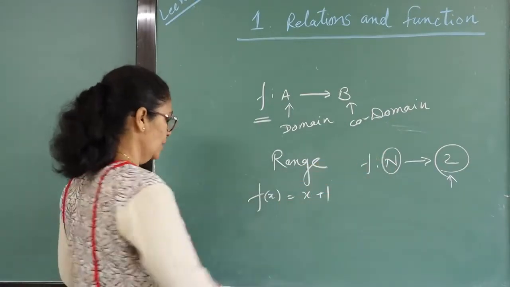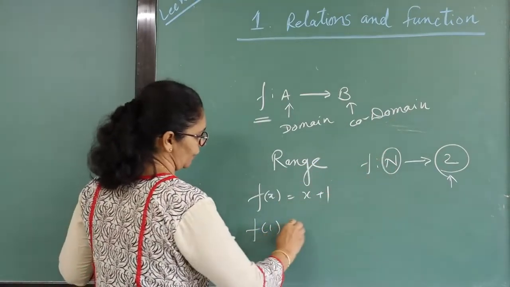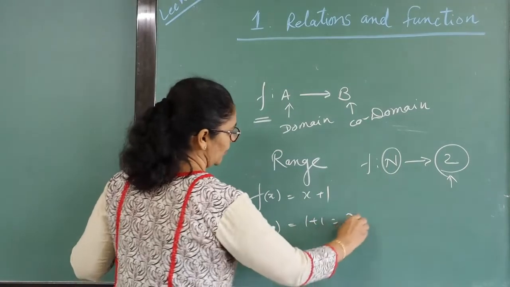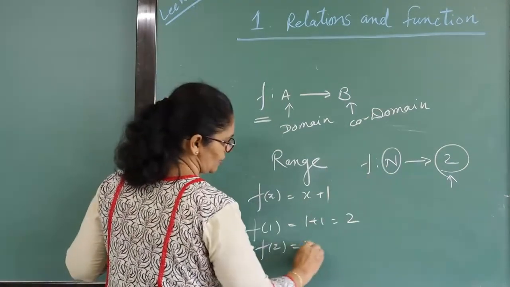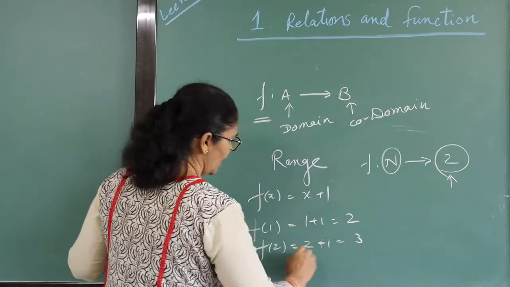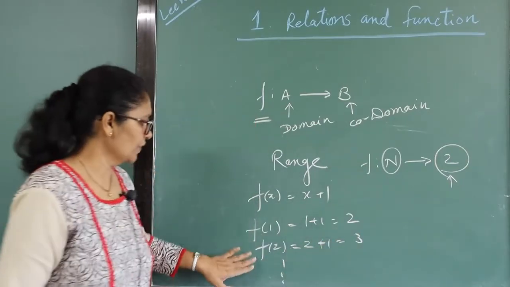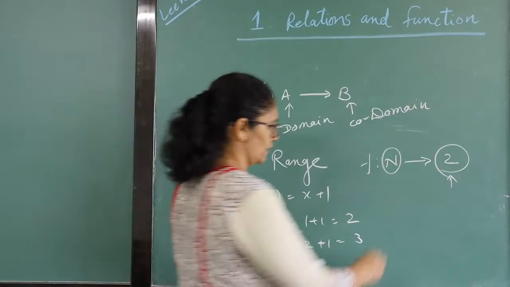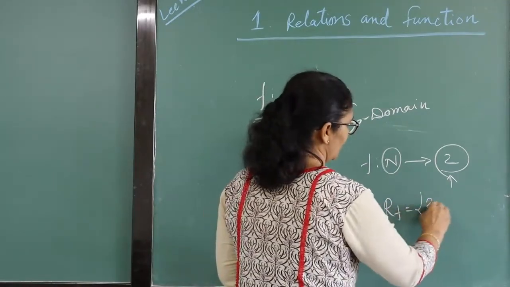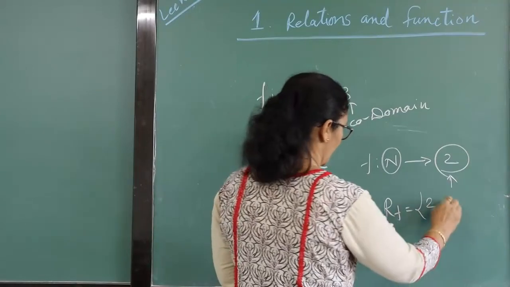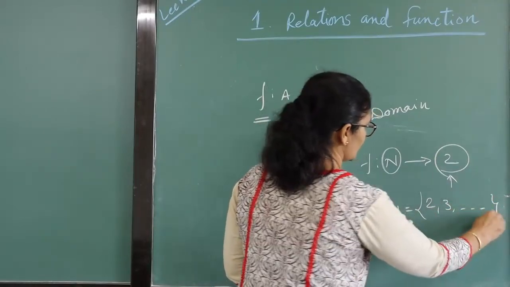Domain is N, so natural numbers start with 1. So 1 plus 1, that is 2. Second natural number 2 plus 1 is 3, and so on. What you get as the answer is called the range of f. Range of f is mentioned by capital R and small f.